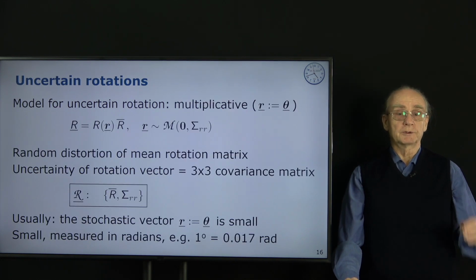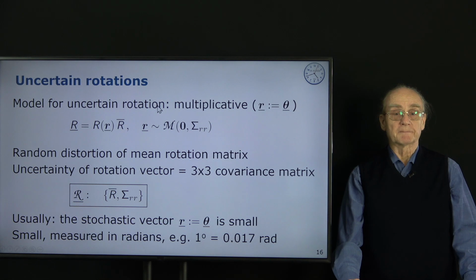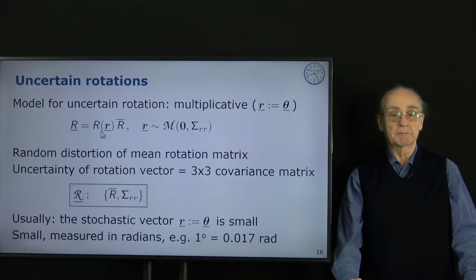Now, what do we do with uncertain rotations? We do the same thing as we did before. We take the mean rotation and multiply it with a rotation depending on a small vector r, which actually is a rotation vector, and obtain a random rotation.